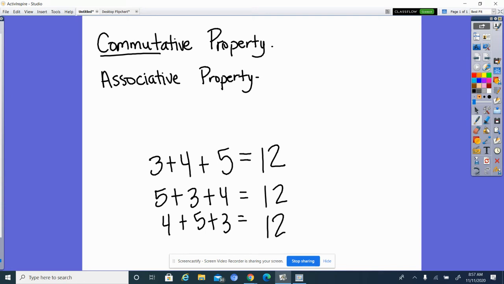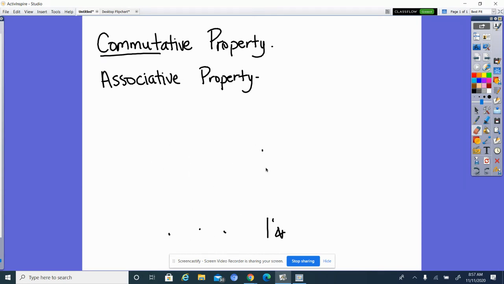Why? Okay, so they're all the same numbers. All we're doing is what? Moving them around. What does commute mean? To move. So what do you think the commutative property of addition tells us? What do you think the commutative property tells us then?